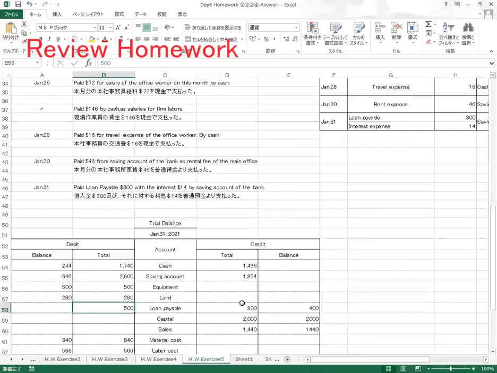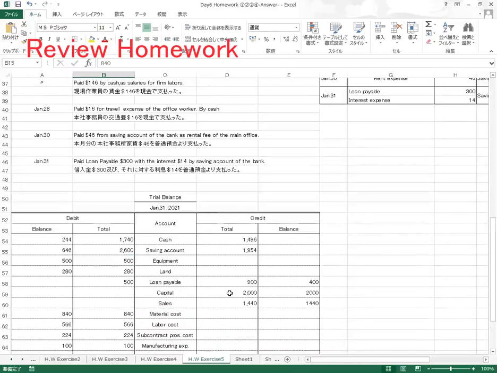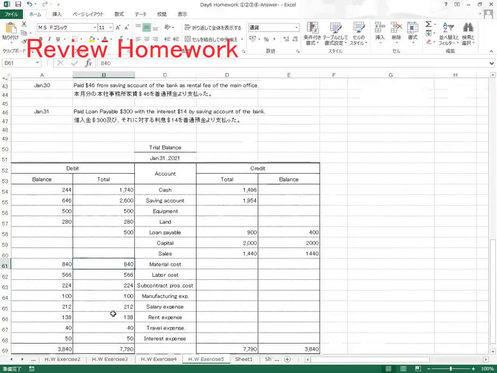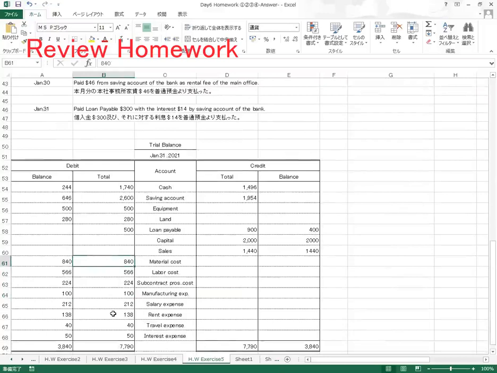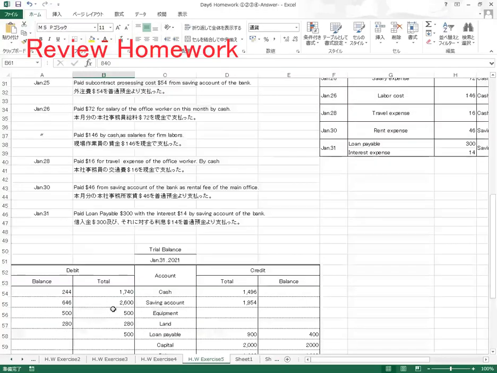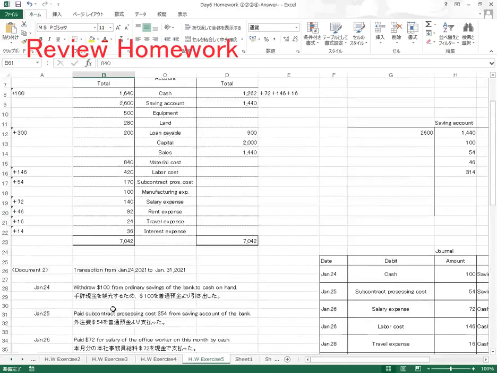So you add 300 plus 200 makes 500 here. From capital to material cost, there is no increase, no decrease. So you put these numbers to the trial balance. I do not write the opposite side.